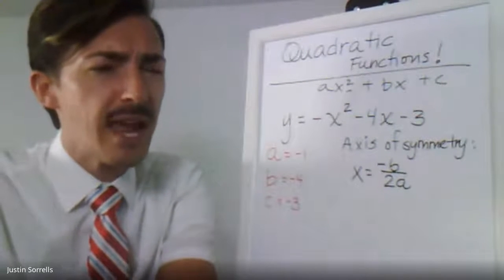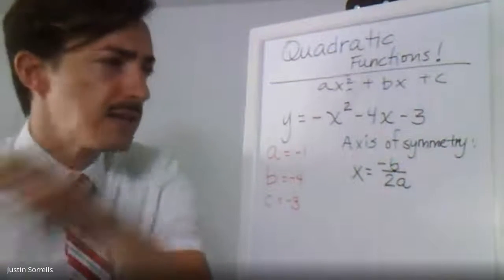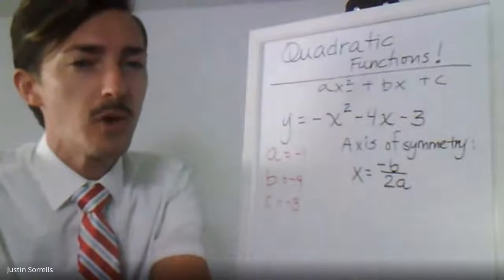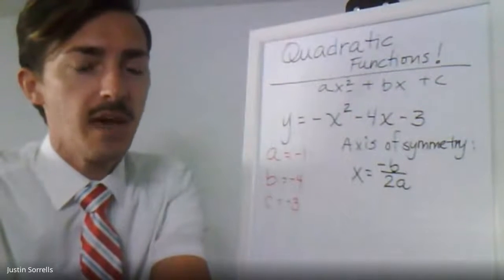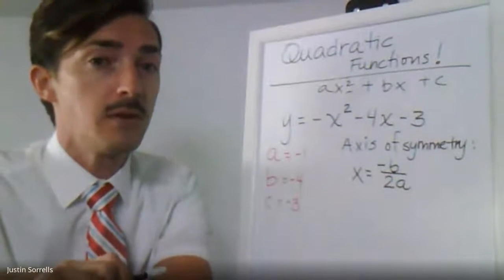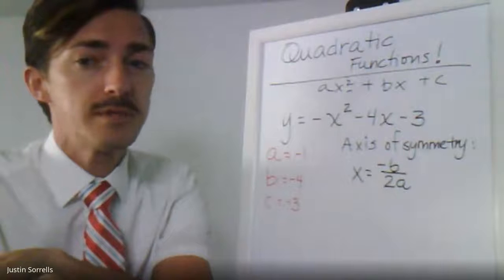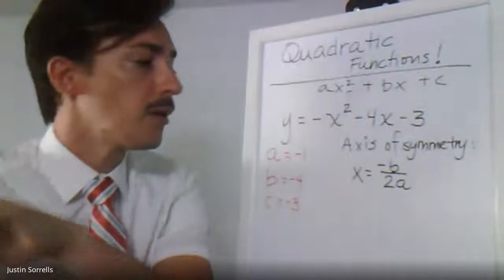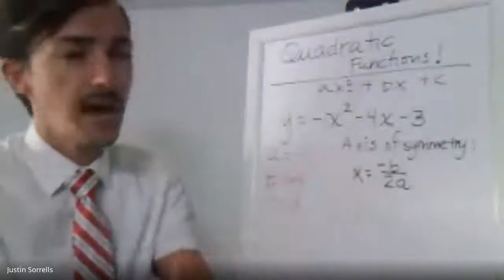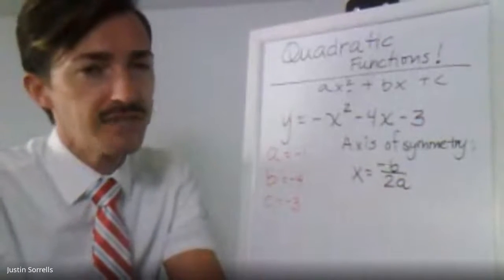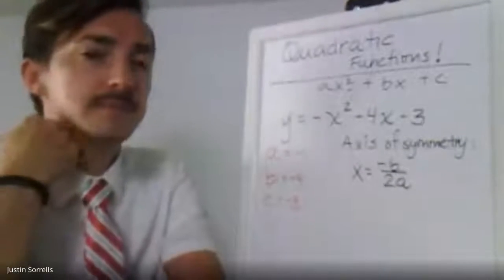Why is it that I should find the value for my axis of symmetry before I try to find the value of the vertex? Again, think about it, and then I want somebody to unmute their mic to answer.